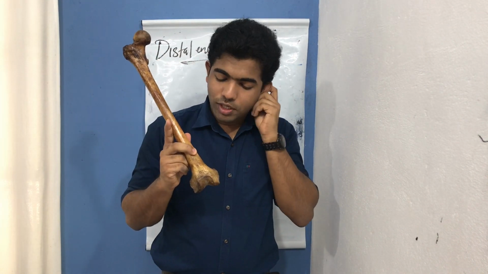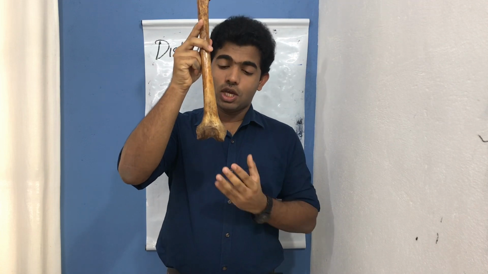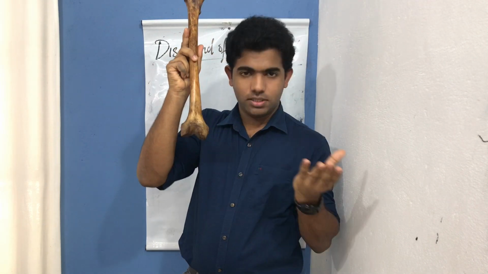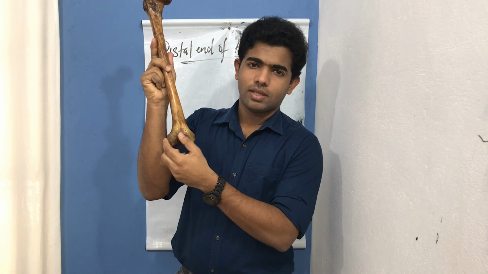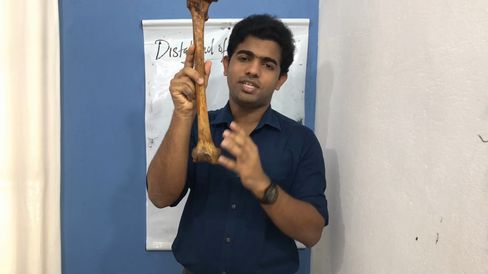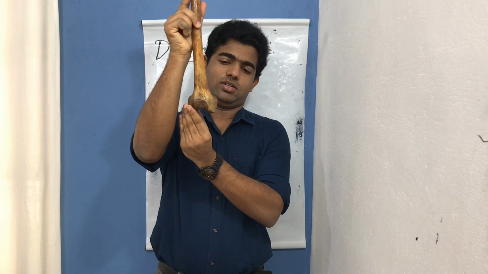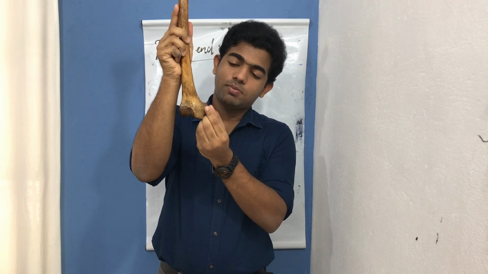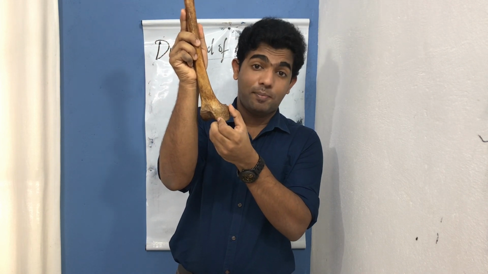Now if you look at the distal end of the femur, you see that it has 2 condyles. This is quite known to all of us, right? The medial condyle and the lateral condyle. Just beside the medial condyle, you have a projection which can be palpated, known as the medial epicondyle.